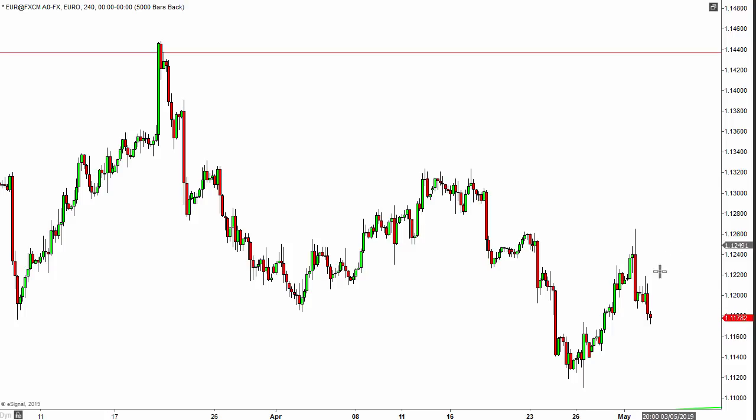In the very near future, we've either got a break lower down to these lows, or if we start to bounce up, then we're going to come back up and revisit that. That might be something for a short-term trader that's going to be really important to them.